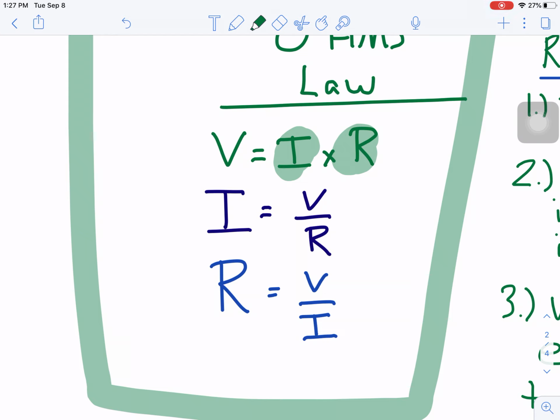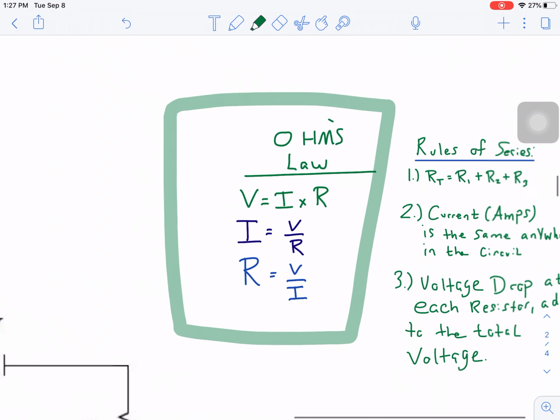If I have current and resistance, I can solve for voltage. If I have voltage and resistance, I can solve for current. And if I have voltage and current, I can solve for resistance. If I don't have two of those three, then I can't do Ohm's law.